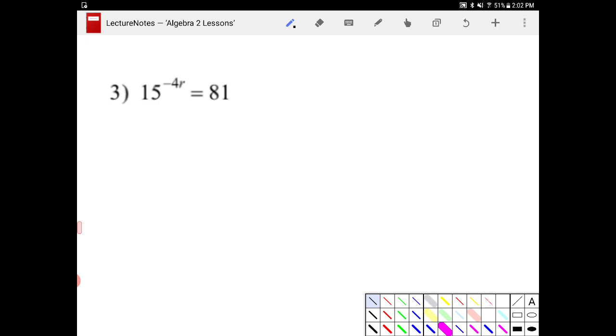Actually, we can apply logarithms of any base, but we're going to use log base 10 and log base e because those are the only two logarithms that are readily accessible and pre-programmed in our calculator.